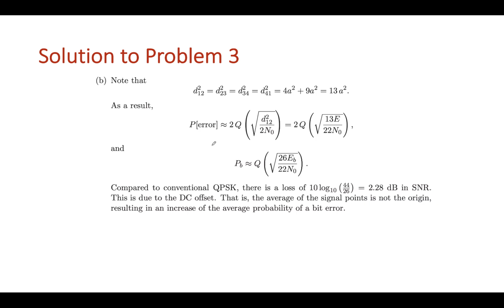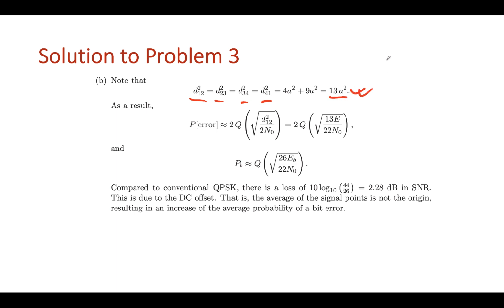Now to calculate the probability of error, you can use either the union bound or the nearest neighbor approximation. So you calculate all the distances between the signals, and you can see that the d min is this.